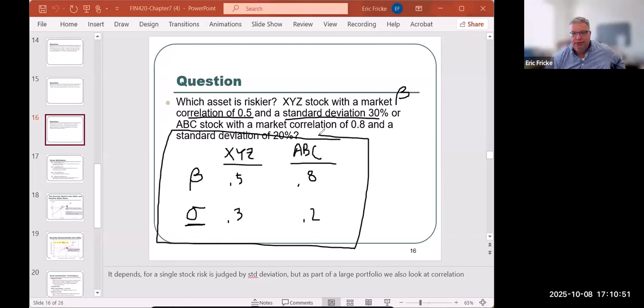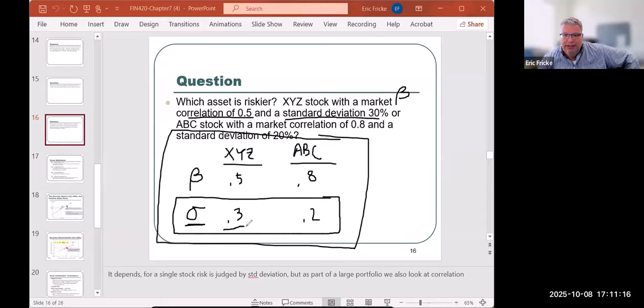So we've got those two. So the question is, which is riskier? What do you think? Now, remember, we saw that risk is based on standard deviation. That was the last chapter, right? So based on standard deviation, which one's riskier?